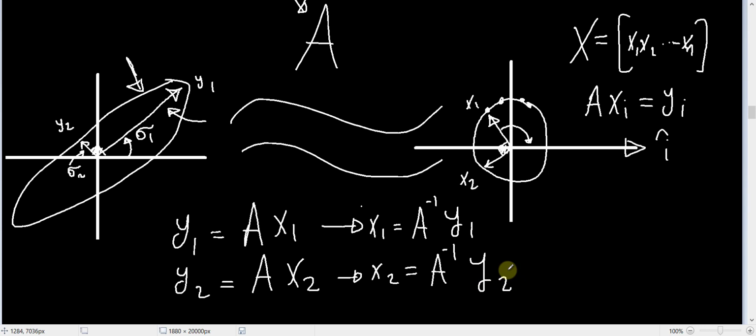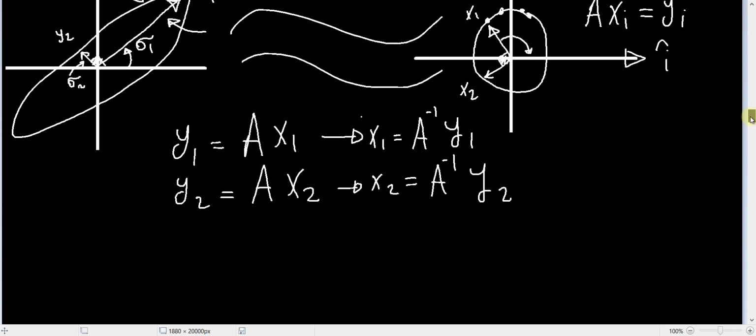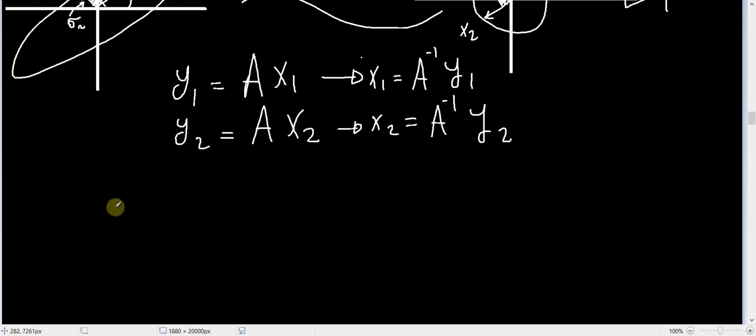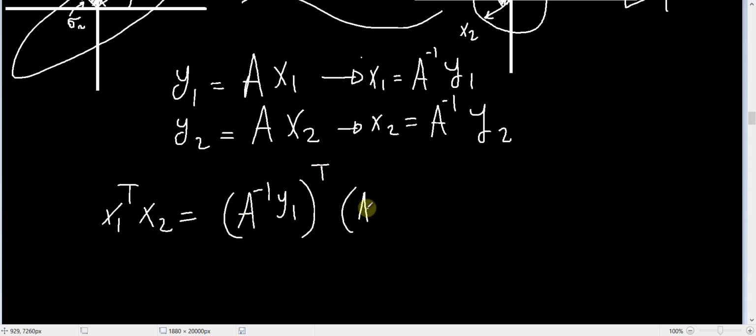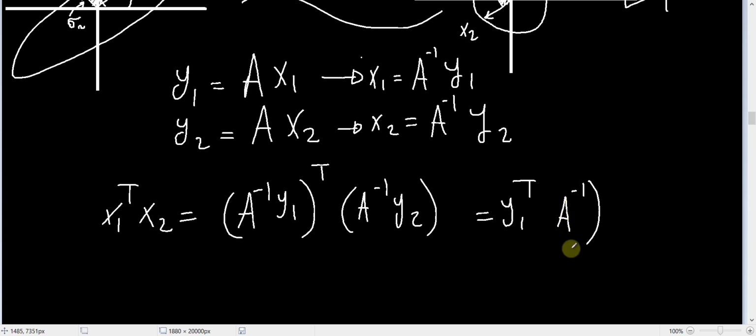Now, I want to prove that x1 must be perpendicular to x2. This means that the dot product between x1 and x2 must be equal to 0. So I want to get the value for the dot product x1 transposed multiplied by x2. This is equal to (A^-1 y1) transposed multiplied by A^-1 y2, and this is equal to y1 transposed (A^-1) transposed multiplied by A^-1 multiplied by y2.